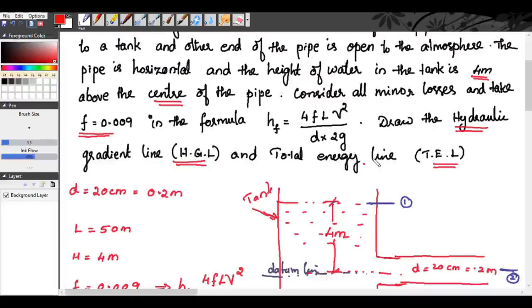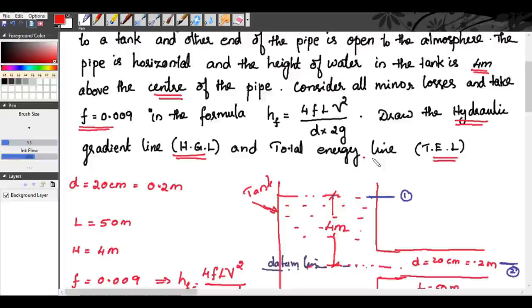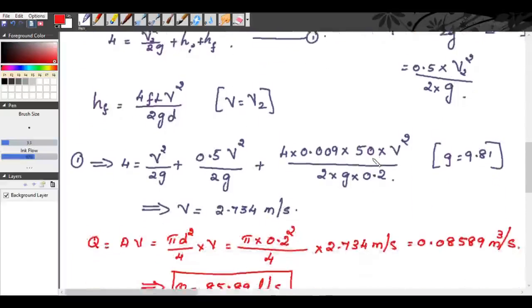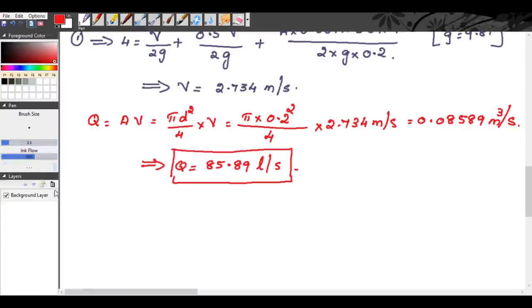So how will we draw this? Drawing the hydraulic gradient line: we know the hydraulic gradient line is nothing but the line joining the summation of pressure head plus datum head.